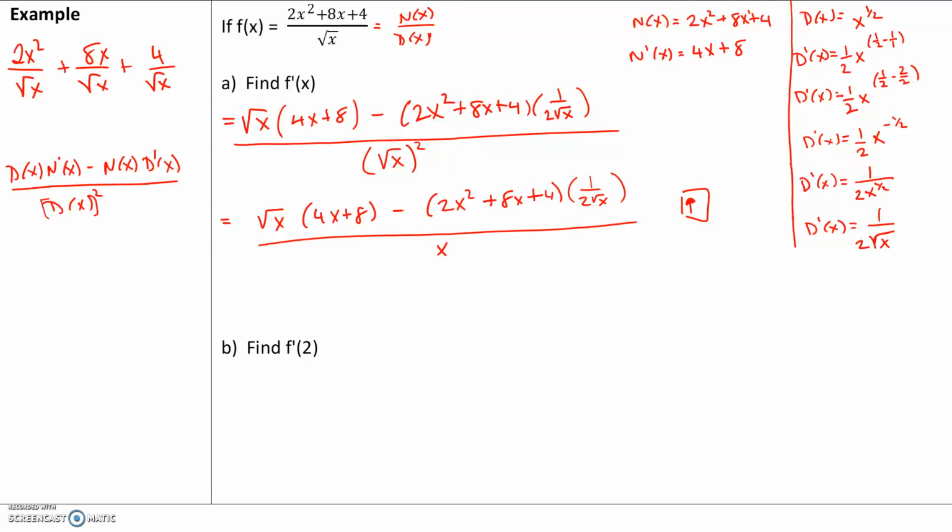Now we want to figure out what is f prime of 2. So for f prime of 2, we're going to take this whole derivative and we're going to plug in 2.